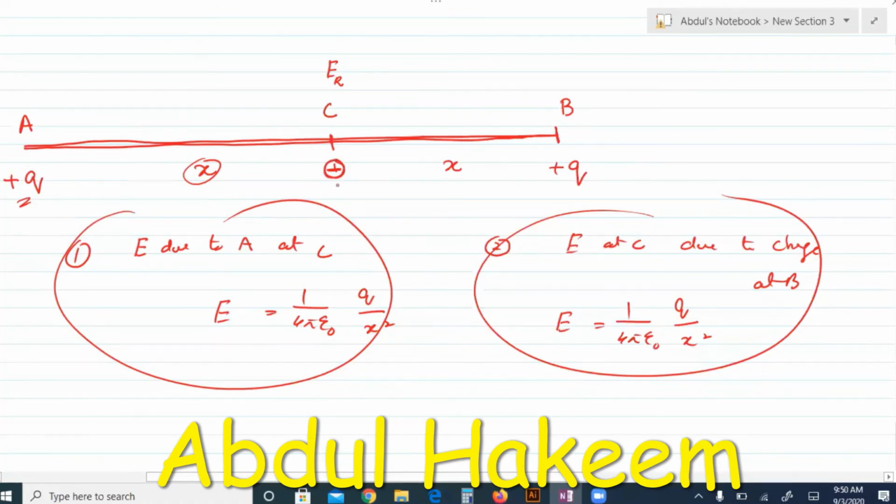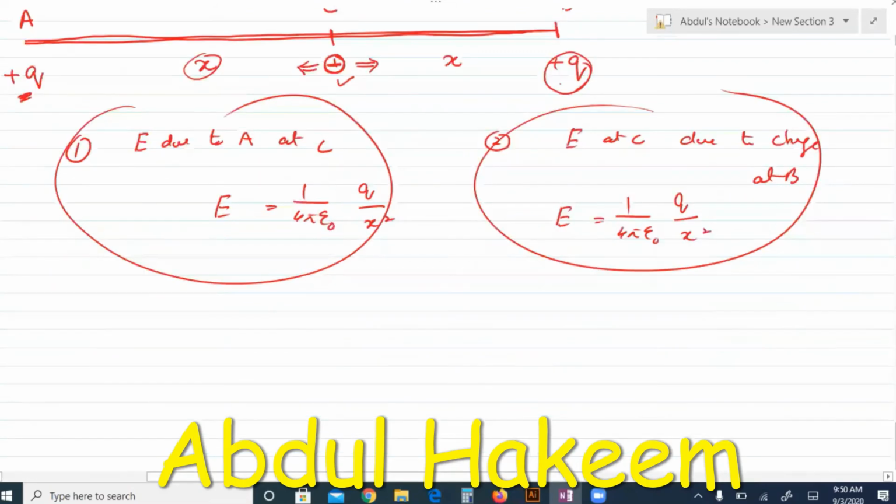Now this test charge will experience force due to this positive point charge in this direction. And this point charge will also exert force in this direction. So the forces are in the opposite direction on the test charge, so they will be subtracted.